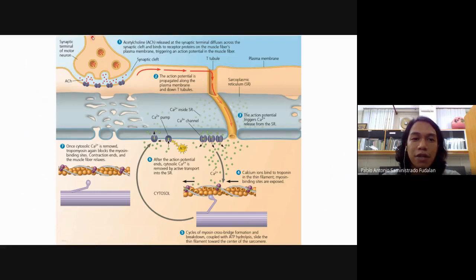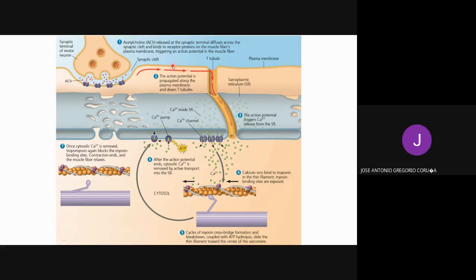We start here with a neuron transmitting a signal. The signal reaches the muscle cell. What happens next? Sir, once the action potential reaches the muscle cells, the sarcoplasmic reticulum then releases calcium ions.